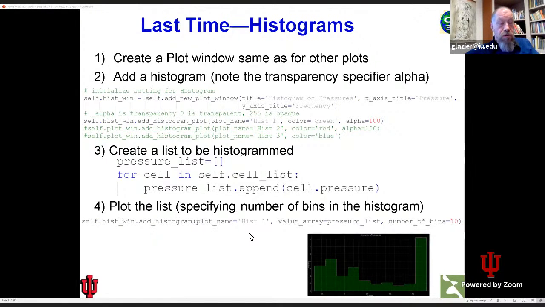Histograms function very much the way regular plots do. In fact, the creation of the histogram uses the same initial function to create a plot window. Add new plot window is identical, whether you're doing a time series or a histogram. It's what you put in the plot window that's different.